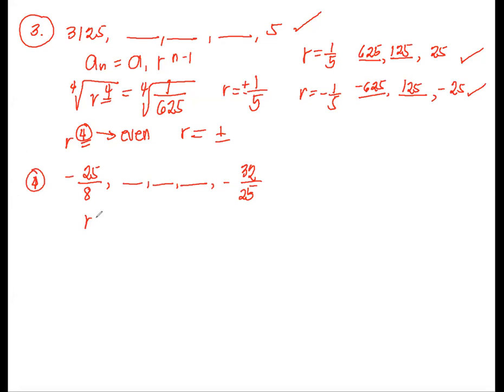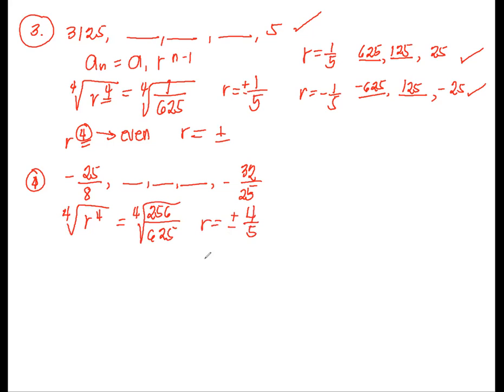Then if you solve for r, since r is raised to 4, which is equal to 256 divided by 625, we get the fourth root. Then we have r is equal to 4 over 5. So it can be positive, it can be negative. Both will satisfy the given.